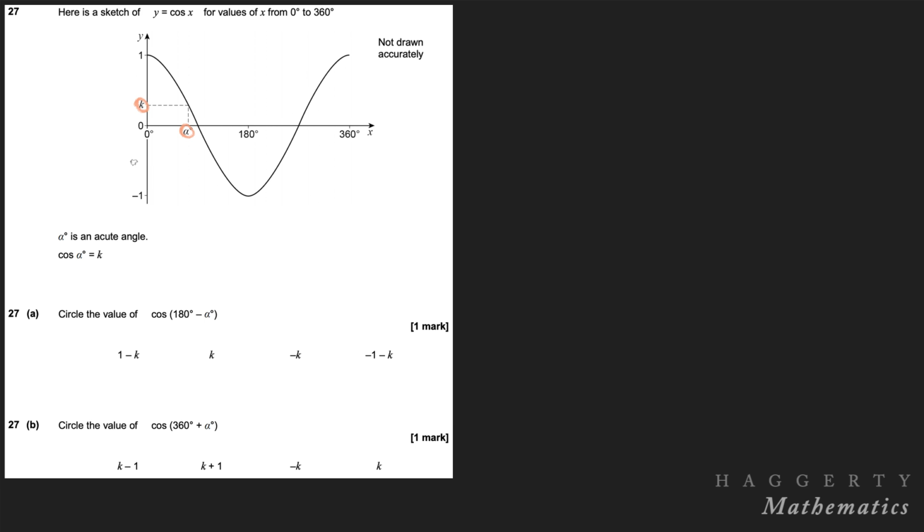So, you can kind of eyeball this. If you want to do this roughly, you can see how this length here would be the alpha, and then 180 minus alpha. Well, here's 180, and you're going to go backwards by alpha roughly, and it'll put you here, so that's roughly 180 minus alpha there.